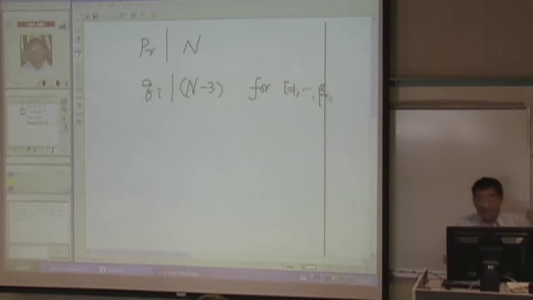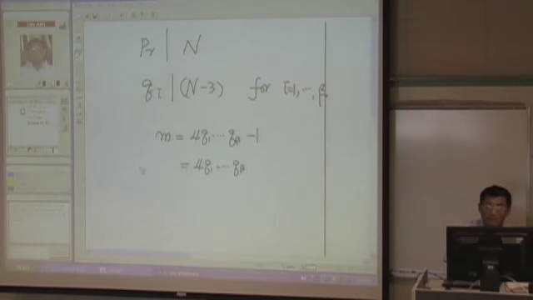So now I will define M, which is given by this statement, 4 times Q1 through Q beta minus 1. Now you will clearly see the reason, because if you take minus 1 here, then what happens? 4 Q1 through Q beta will become M plus 1.